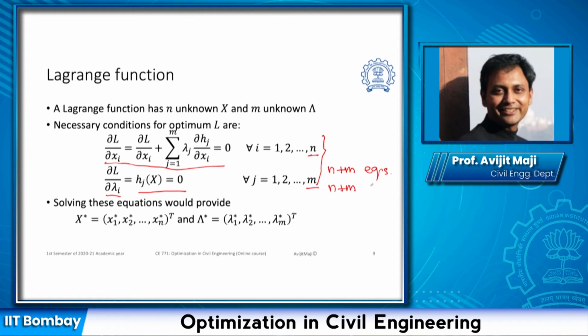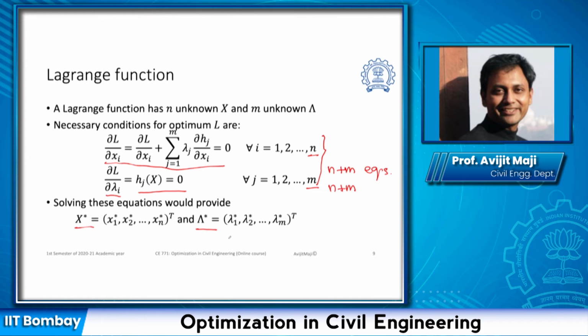If we solve this system of equations, we can obtain the values of x star and lambda star, and these values give us the potential extreme points for the function where we can obtain the optimum value. However, whether the solution yields a maximum or minimum needs to be checked using the sufficiency condition.